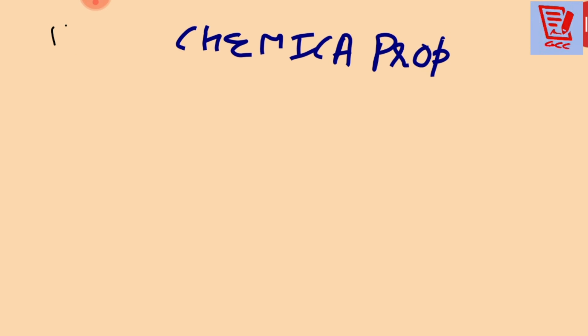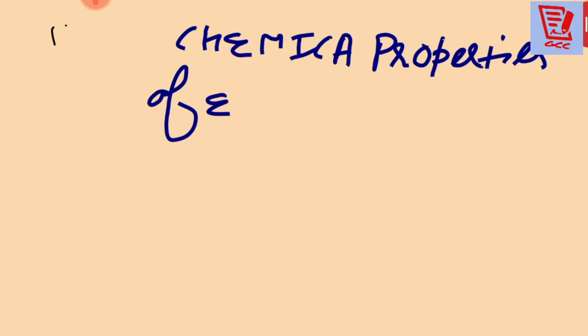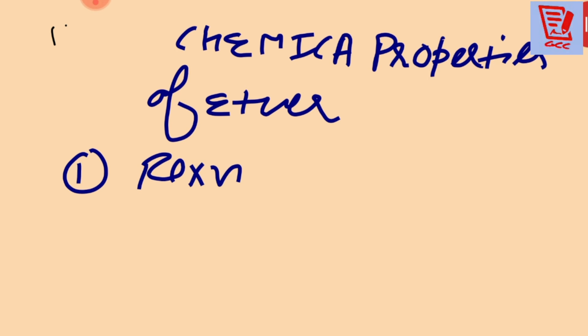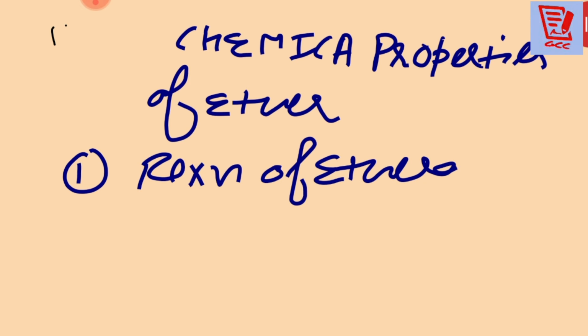So today we are going to do the chemical properties of the ethers. Chemical properties of ether. Number one is a reaction of ethereal oxygen.